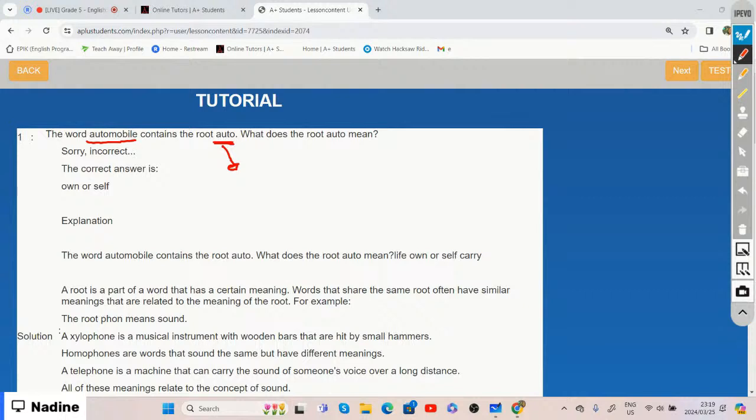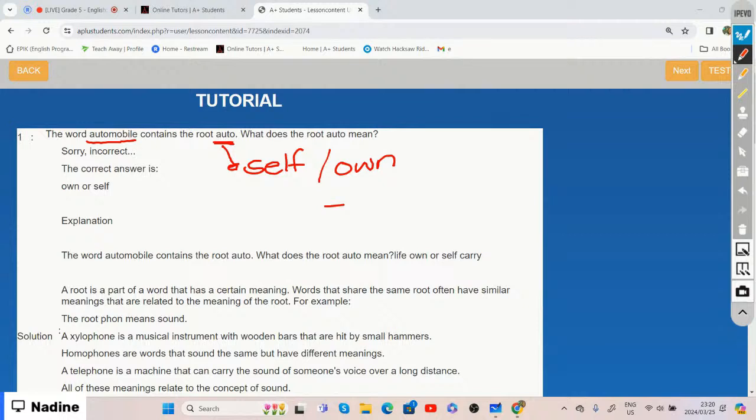And if we look at the meaning of the word auto, then we can say auto either means self or auto means own. Which means that it is some form of vehicle that you drive by yourself.